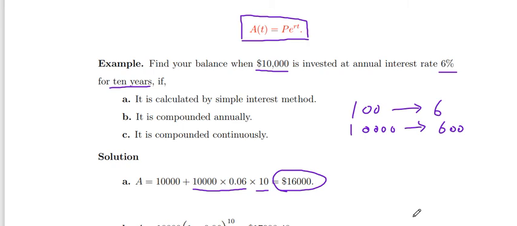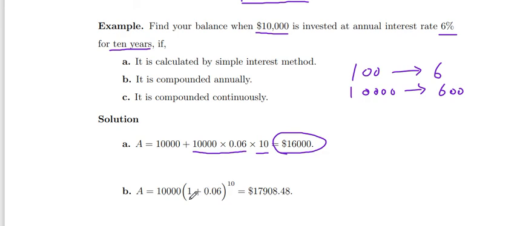Okay, so now how about compounded annually? Use this formula: P multiplied by (1 + 0.06) raised to the 10th power. So we got this result, 17,908.